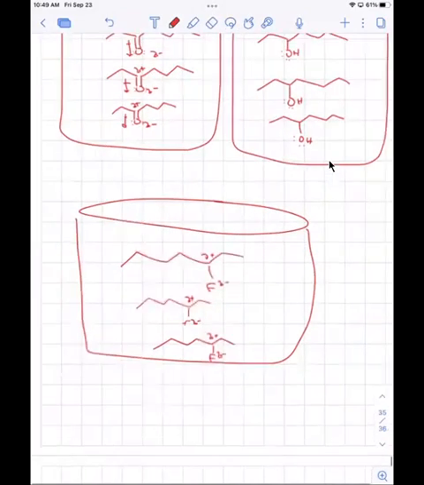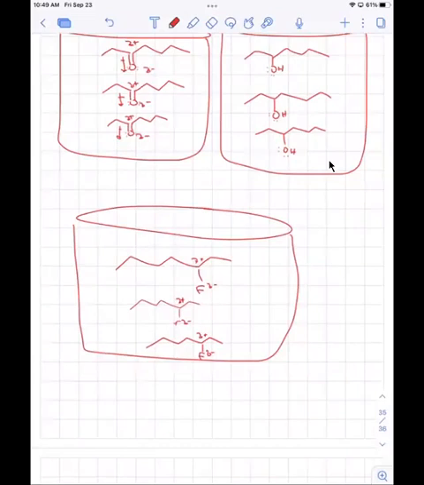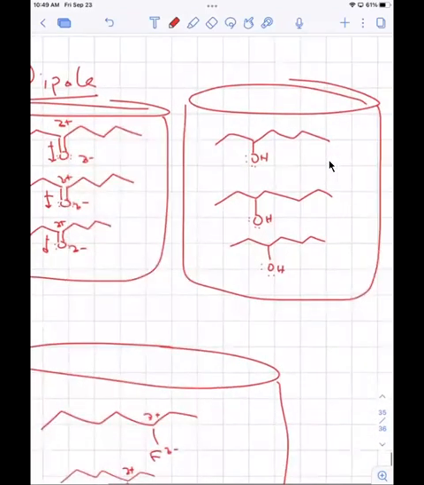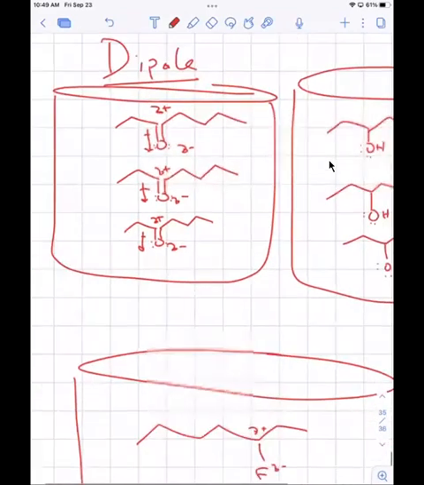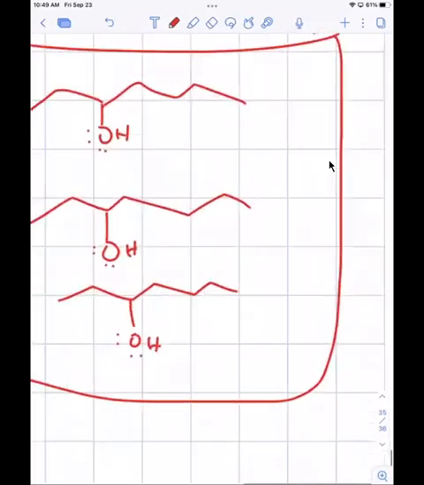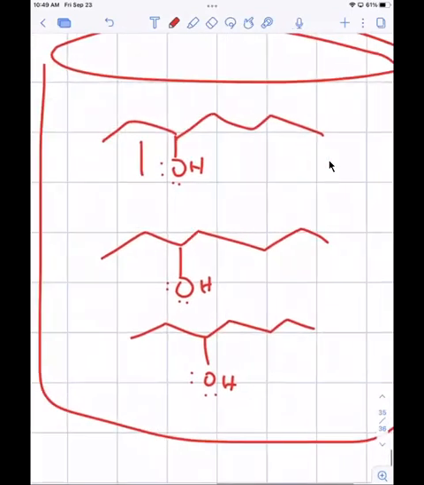All right, so those dipoles are all going, again, they're going to line up and find each other. Now, there's something going on with the alcohol that the other two can't do. All right, so this is dipole, this is dipole. The alcohol has, of course, a dipole going in this direction. But there's also another force that's possible here.